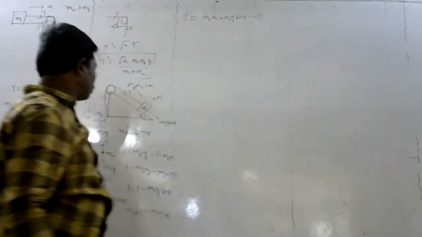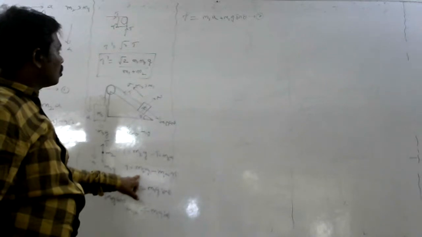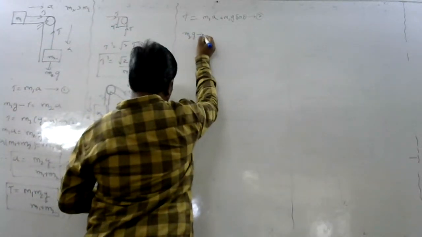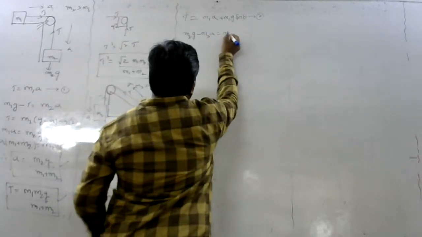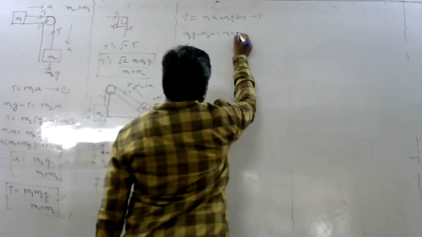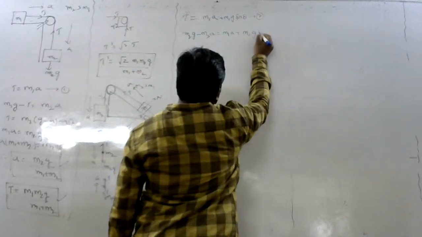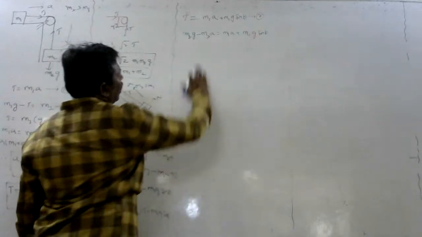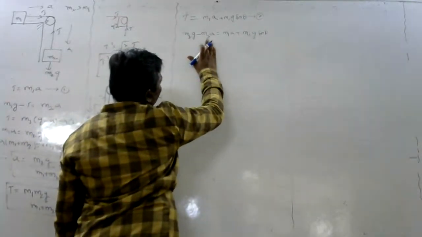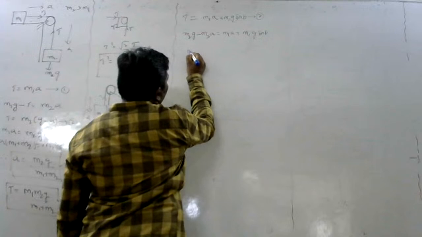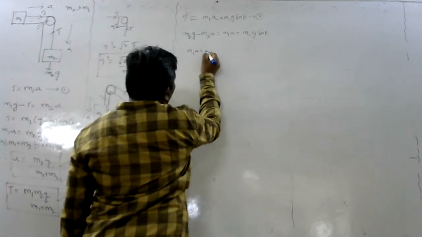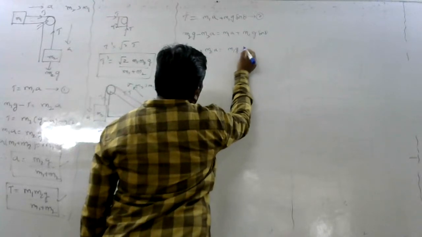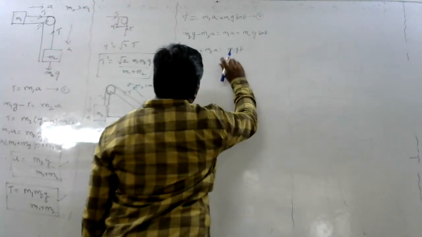From equations 1 and 2, m2 g minus m2 a is equal to m1 a plus m1 g sin theta. This m2 a goes to this side. So m1 a plus m2 a is equal to m2 g minus m1 g sin theta.